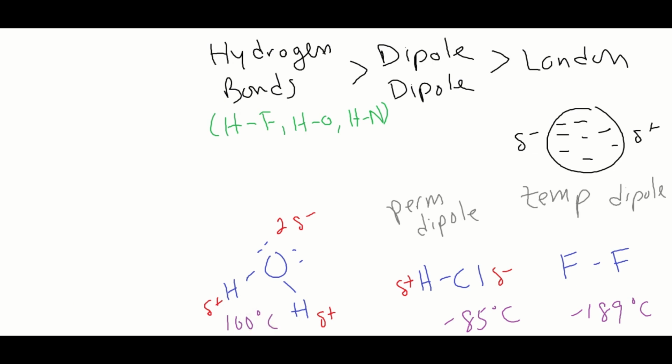So it takes way more energy to separate the intermolecular forces keeping water molecules together than it does HCl or F2. Now, the more hydrogen bond areas a molecule has, you can expect the boiling point and melting point to go up.